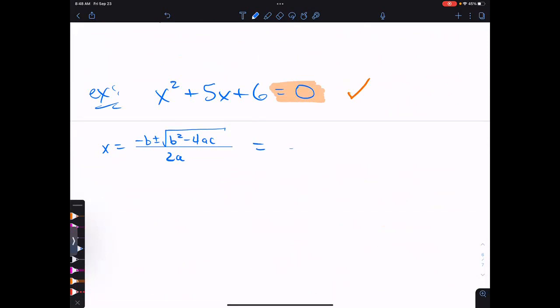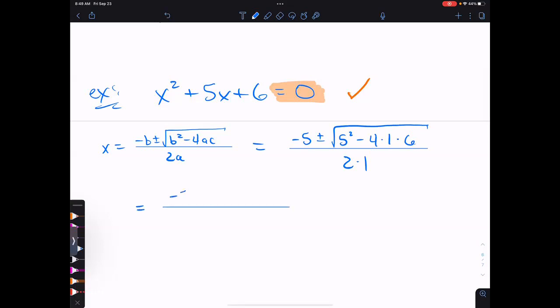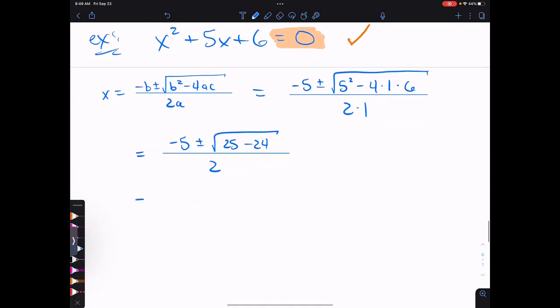All right, what's b here? 5. So -5 plus or minus the square root of 5 squared minus 4 times a, which is 1, times c, which is 6, over 2 times a. -5 plus or minus the square root of 25 minus 24 over 2. 25 minus 24 is 1.